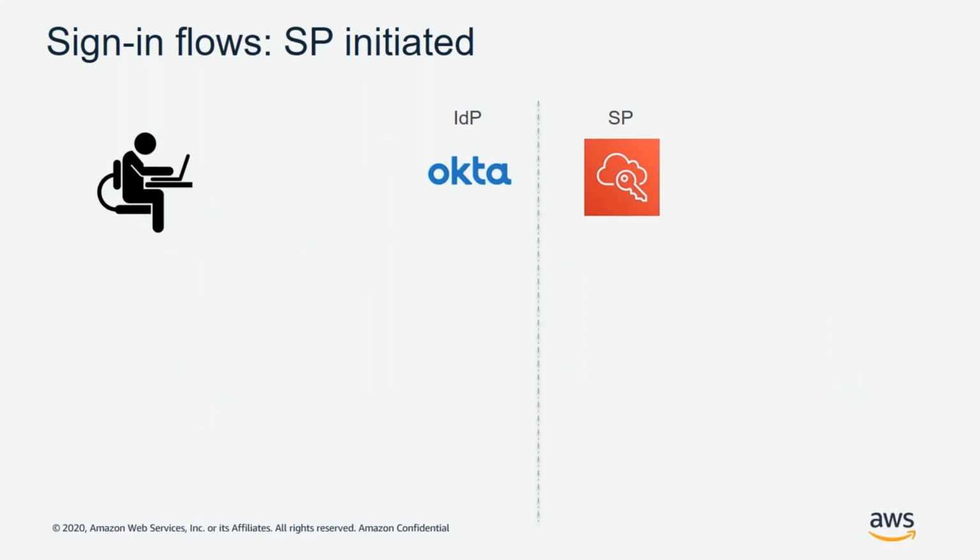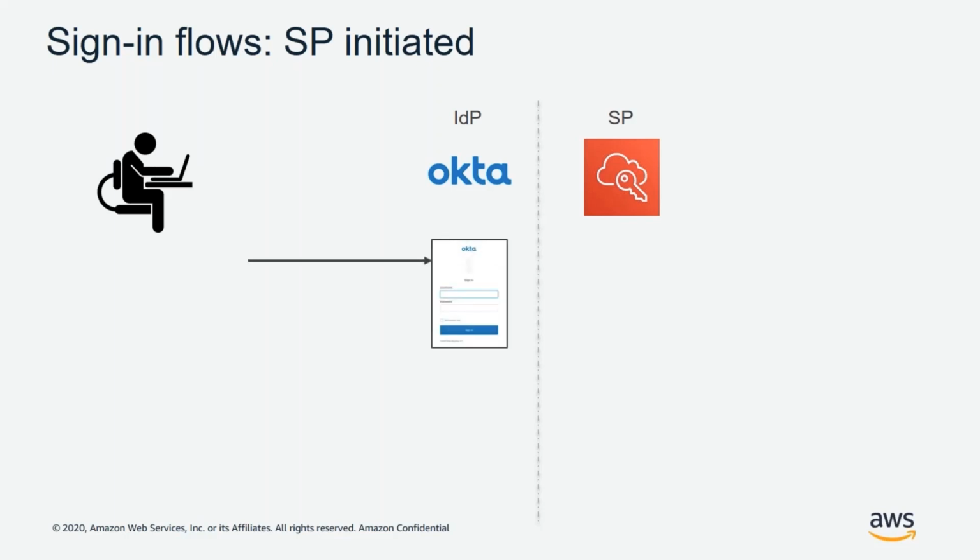As you may know, in federation, the identity source is called the identity provider, IDP, and the application or service that authenticates to the IDP is called the service provider, or SP. When signing in, a user can initiate authentication by going to the IDP first and then navigate to the SP. That's called IDP-initiated authentication.